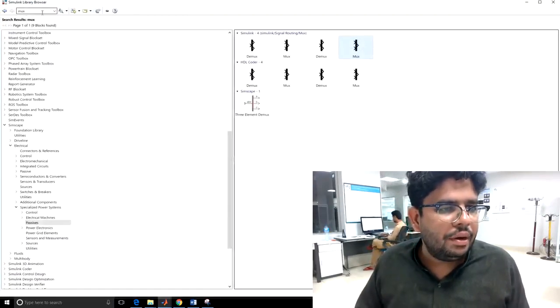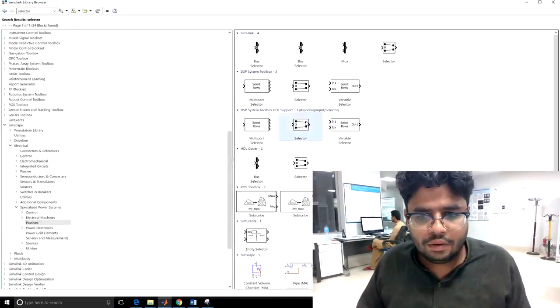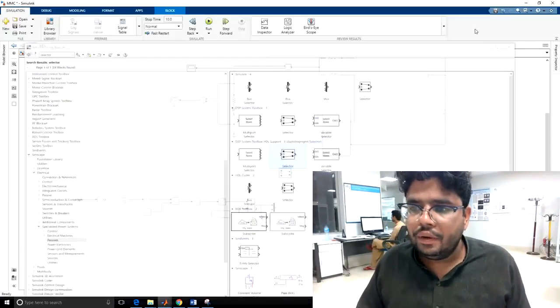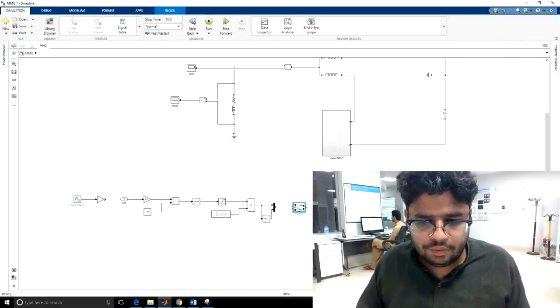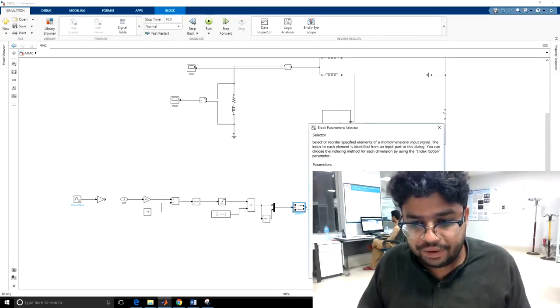Pick up a selector block. Now the selector block will decide how to give the gate signal pattern.